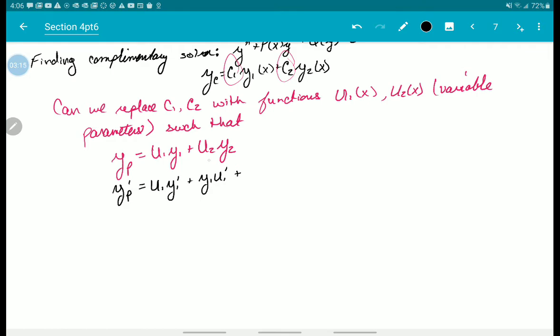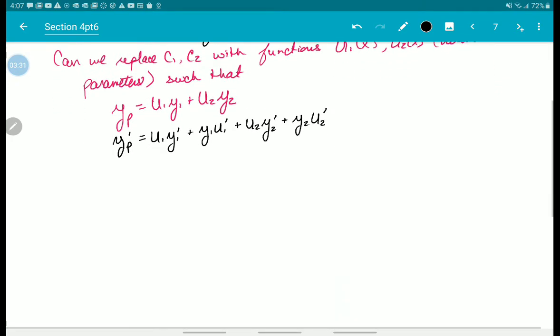And then I'm going to do the same thing with that second term, first times the derivative of the second plus the second times the derivative of the first. And just to be consistent, I'm going to write my u1s first and my y terms second.